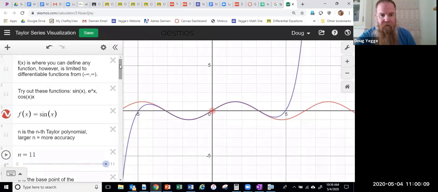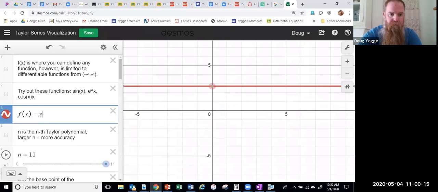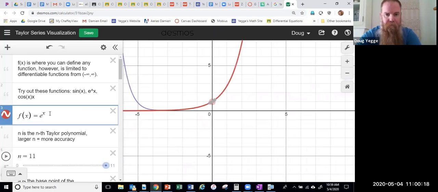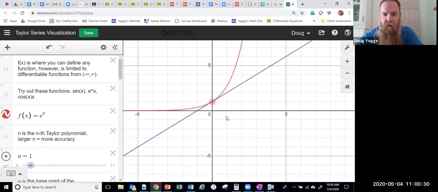Okay, cosine x is real similar. Let's just take a look at e to the x. Okay, and now let's change this to 0. The first one here, n equals 0, is 1 in this case. And if I were to increase this to 1, now all of a sudden notice how its derivative is equal.